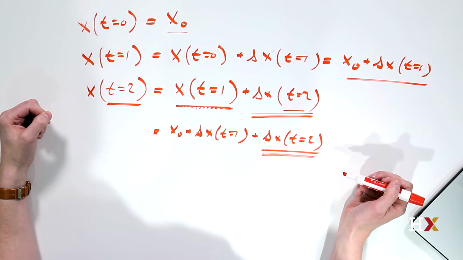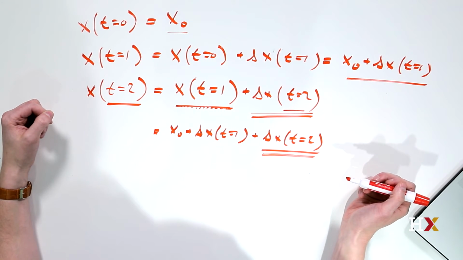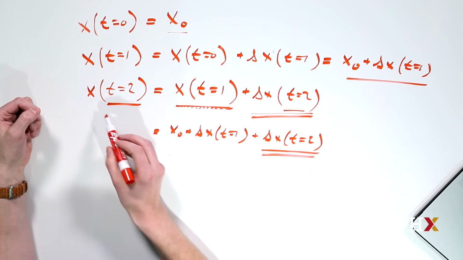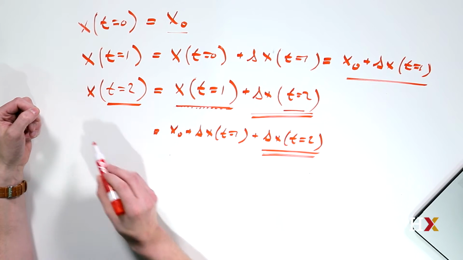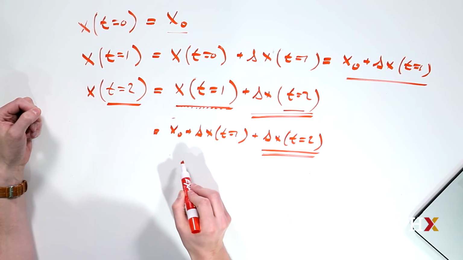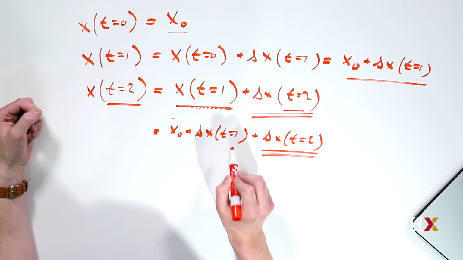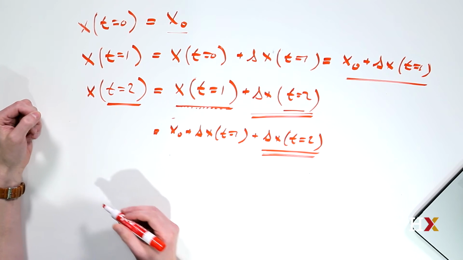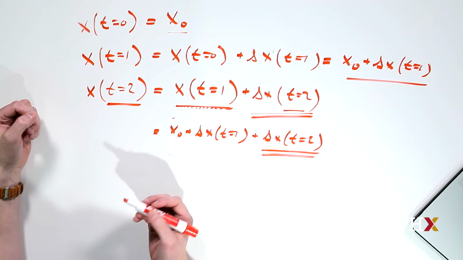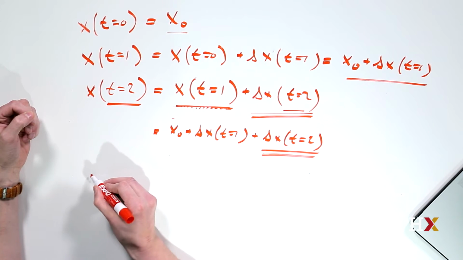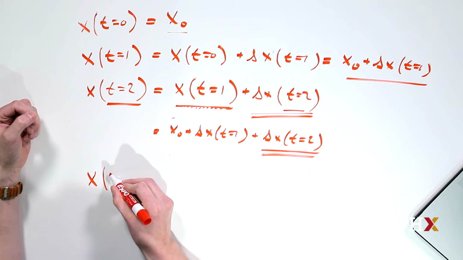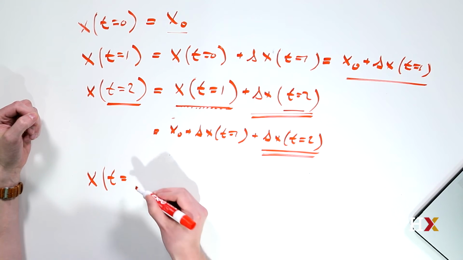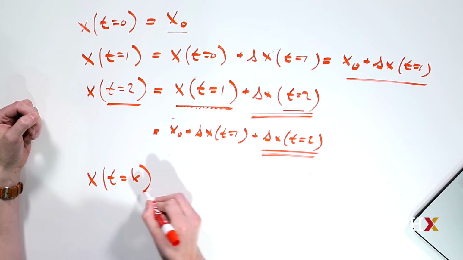We can see that a common pattern starts to emerge. To know the location of the random walker at time 2, we had the initial location plus displacements at time t equal to 1 and t equal to 2. From this we can write down the general equation for the location of the random walk. We start with x at some point in time t equal to k, for example.